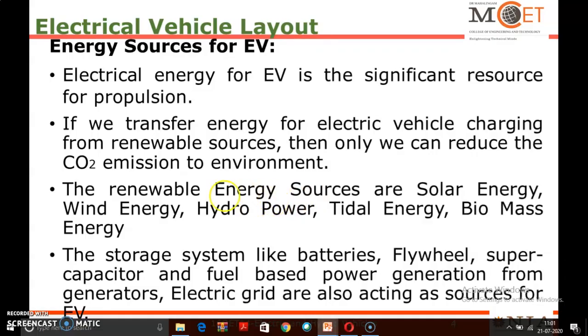As they depend upon the climate situation, they are stochastic or intermittent in nature. This makes us store the energy either in batteries, flywheels or supercapacitors, since they have enough capability to store the electric energies.